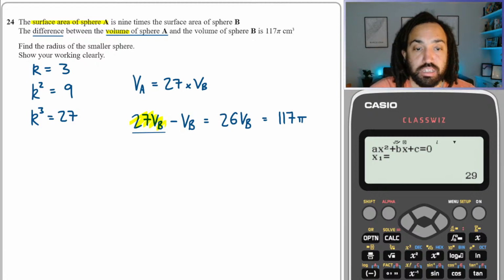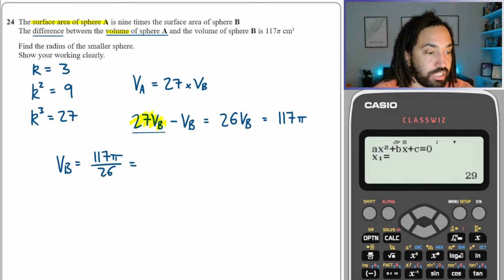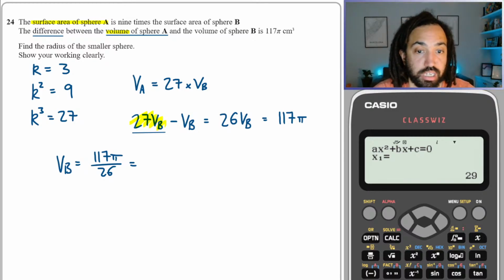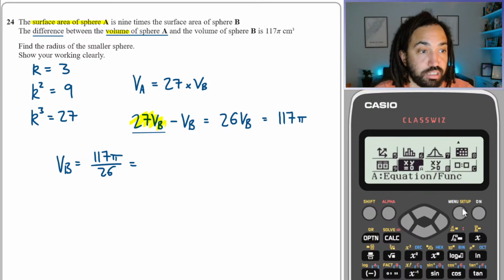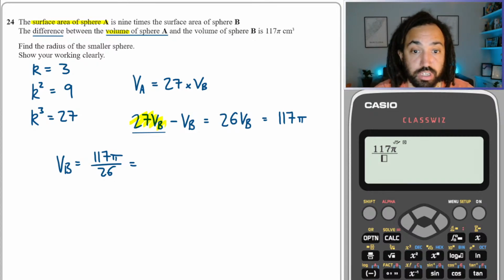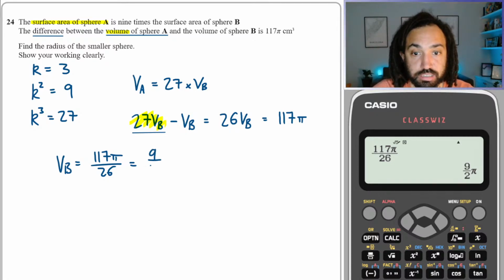So we could divide through and that gives me this. We can do that on our calculator, and I'll do 117 pi over 26, and we get 9 over 2 pi.